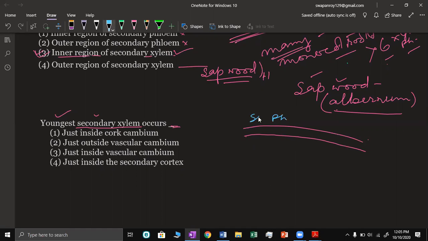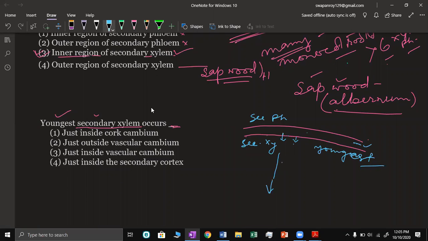The secondary xylem near the vascular cambium is the youngest one. The new one is produced close to the vascular cambium, and the older ones will be far away from it.